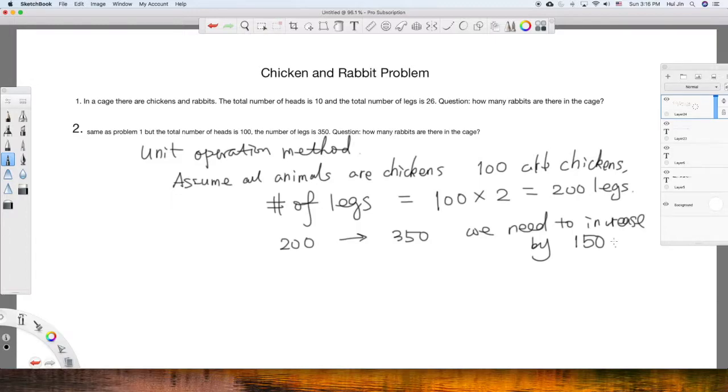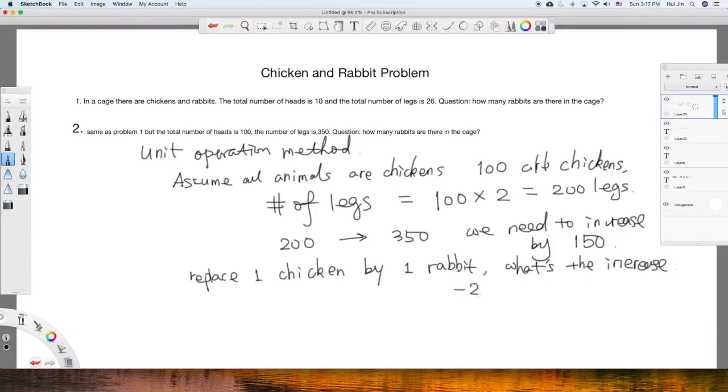How are we going to increase? Of course we know it's by replacing chickens with rabbits. But replacing one chicken by one rabbit, what's the increase? It is minus 2 plus 4.